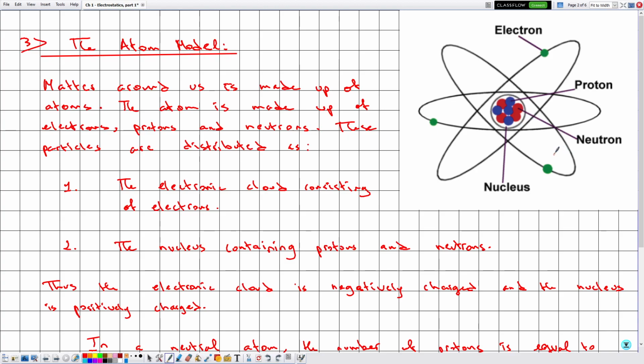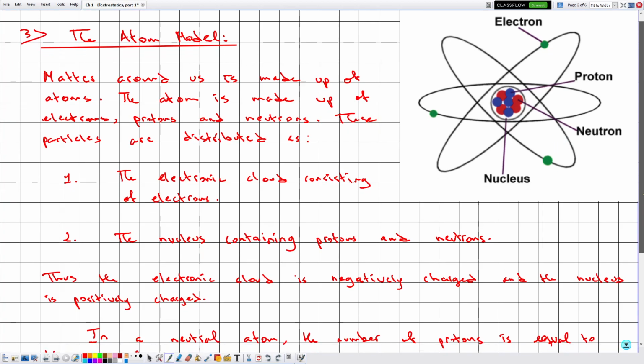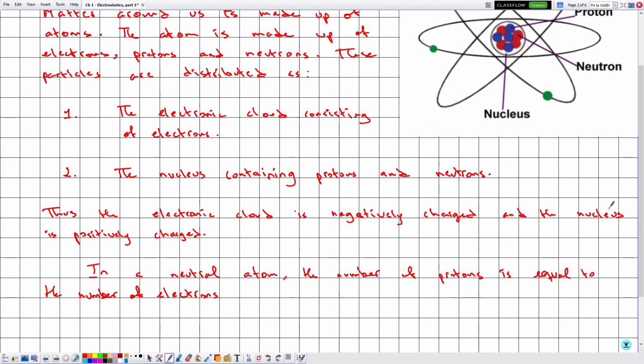In fact, the number of electrons is equal to the number of protons, so the total charge is zero. So in a neutral atom, the number of protons is equal to the number of electrons, and this is known as the atomic number, capital Z.